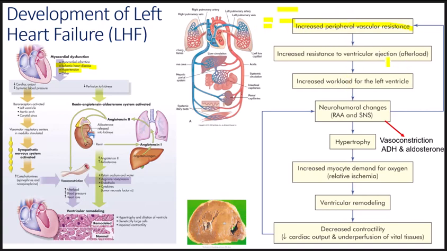I mentioned that this means that we're going to have an increase in afterload. The left ventricle has to work so much harder just to eject the normal amount of blood. And because it is working harder, changes are going to be evident. And this is very similar to what I already spoke about over here. We're going to see neurohumoral changes.